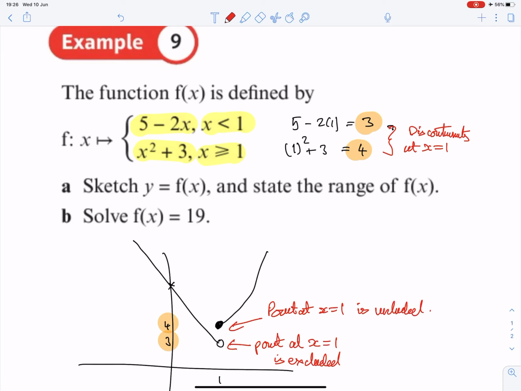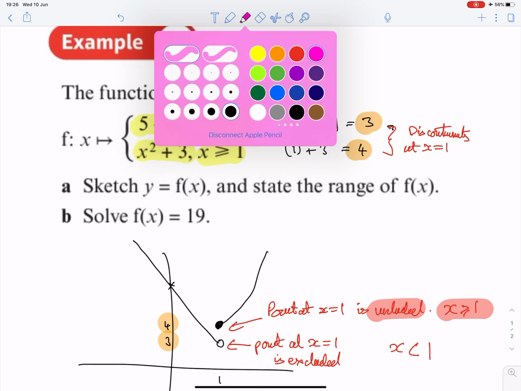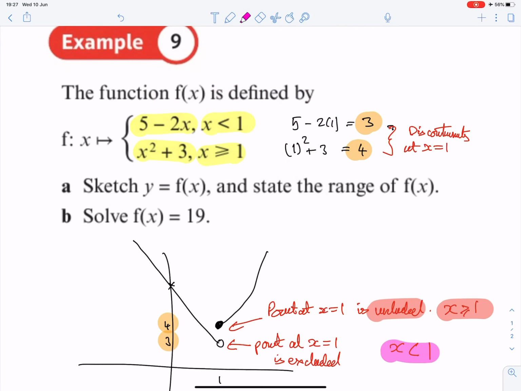We know that because of the differing inequalities. This is coming from x greater than or equal to 1, and this is coming from x less than 1. So it's included with the equal to 1, and excluded because of the less than sign. I hope that's clear. Okay, we can now move on to part B.